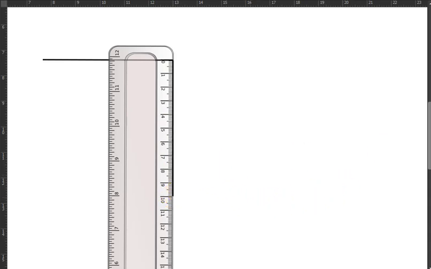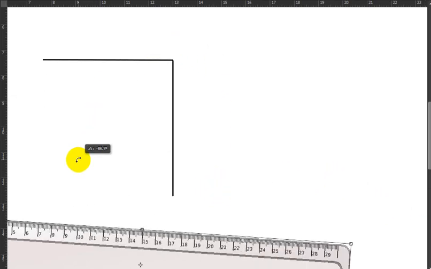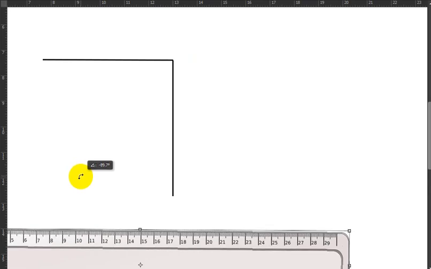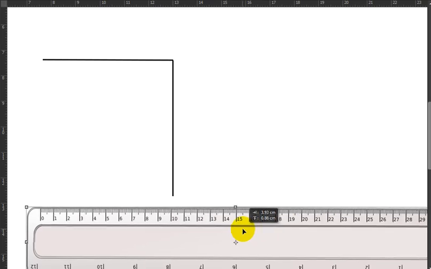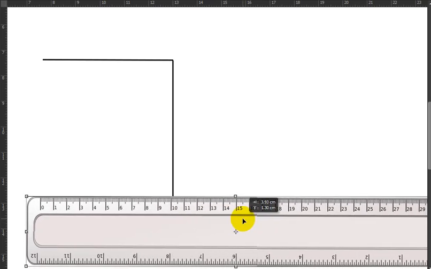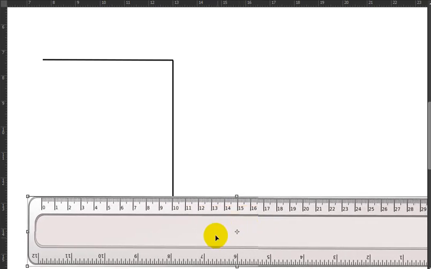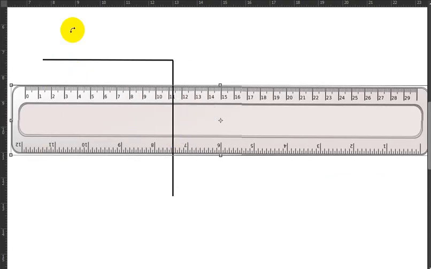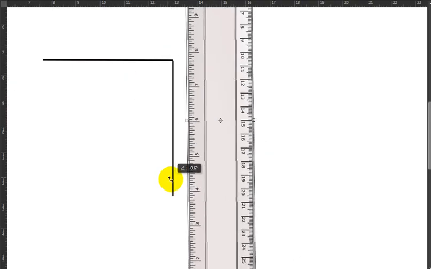Next, again, I'm going to take my ruler and place it so that it lines up with one of the sides. Actually, let's do this side. I'm going to turn it to the side like this.